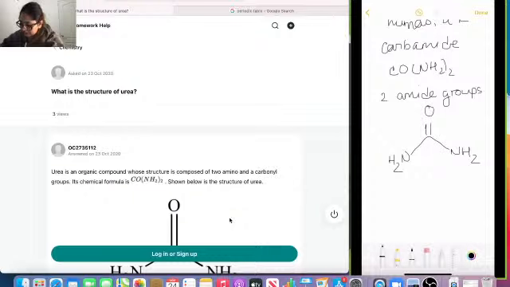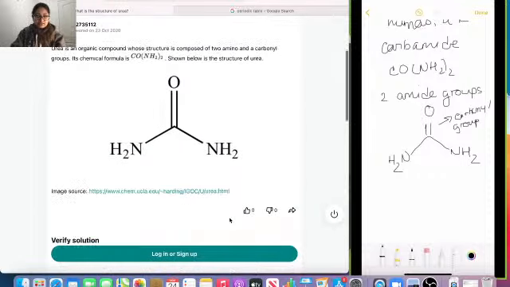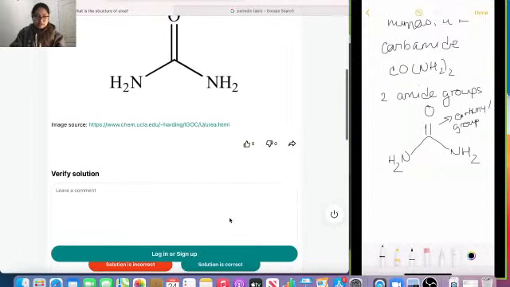It has a carbonyl group here. So these are the functional groups, the amide groups and the carbonyl group. And so yeah, this is the structure of urea. This is correct.